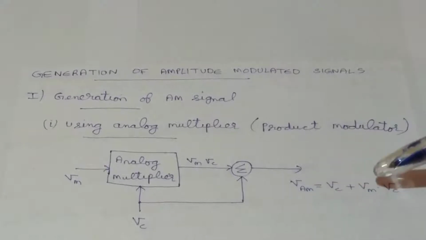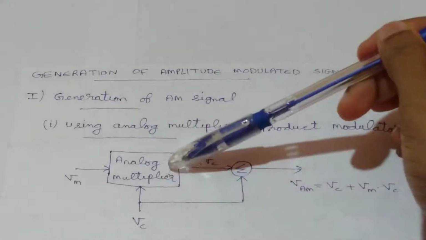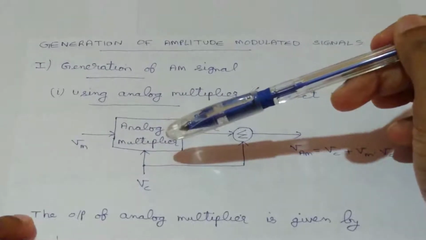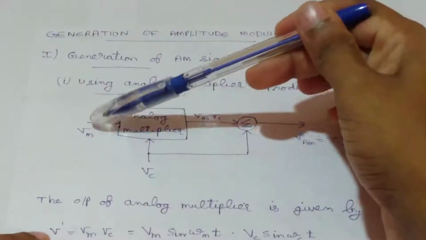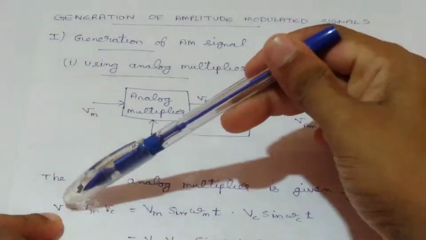Let's now check whether this VmVc consists of lower sideband and upper sideband components. For that, consider this analog multiplier. As I said earlier, the output of this analog multiplier is Vm into Vc. The output of the analog multiplier is marked as V dash.